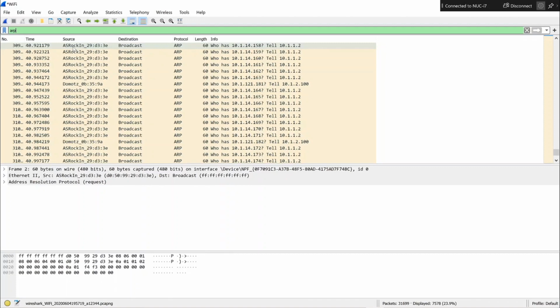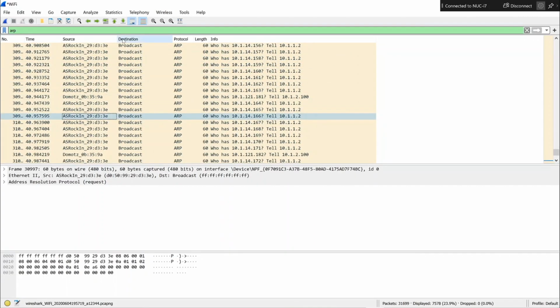So ASRock is the vendor of that first packet, and the specific network interface card on that happens to be number 29D33E. That machine seemed to have been fairly busy. The destination, as we would expect, is always a broadcast. And you can see the typical question, who has a particular IP address, and then whom should be informed about this.